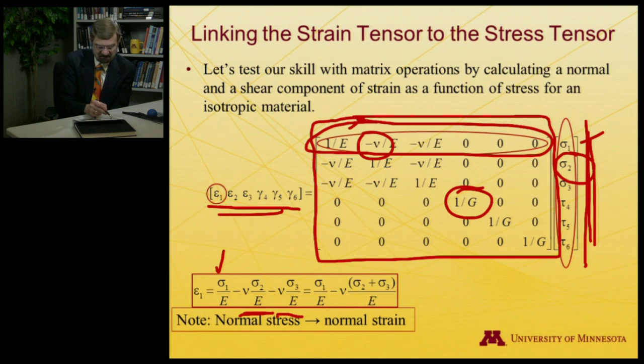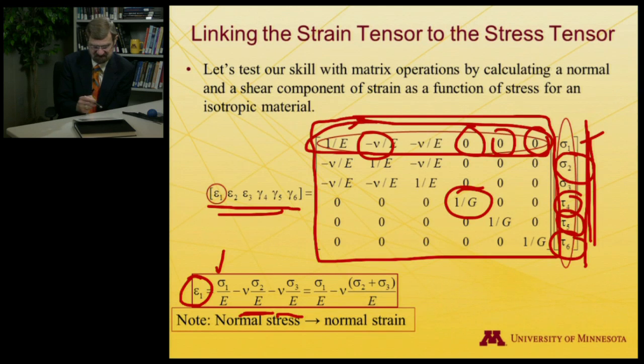That gives me the strain. The rest of the terms go away because of the zeros out here: 0, 0, 0, multiplying tau 4, tau 5, and tau 6. So there are some shear stress terms, but they all disappear because there is no elastic modulus that couples in.